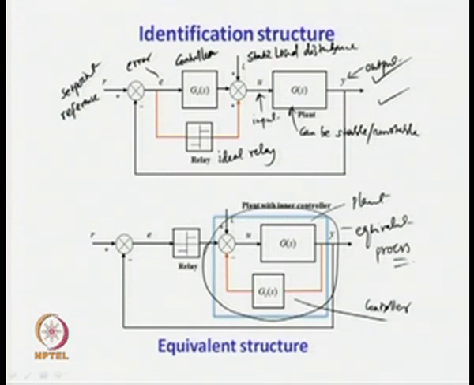So, the relay now sees an equivalent process in place of an open loop stable or unstable process. The relay is subjected to an equivalent process or plant, and I can draw an equivalent circuit also, which I shall do later while doing the DF based analysis.